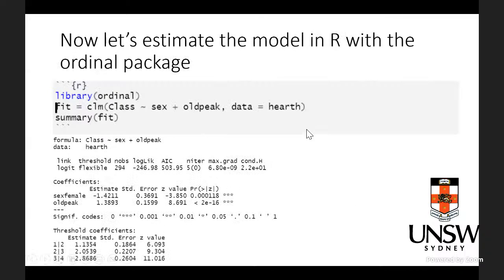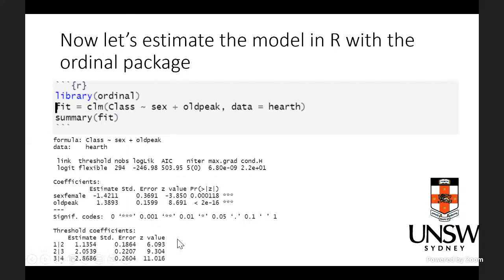So I've just picked one package that does this, but there are many packages that use maximum likelihood to estimate the same model. So in ordinal, you just give it a regression equation. I want class to depend on sex and old peak, and it fits the model.